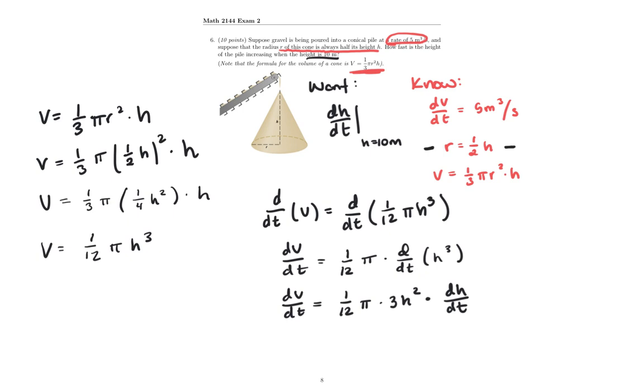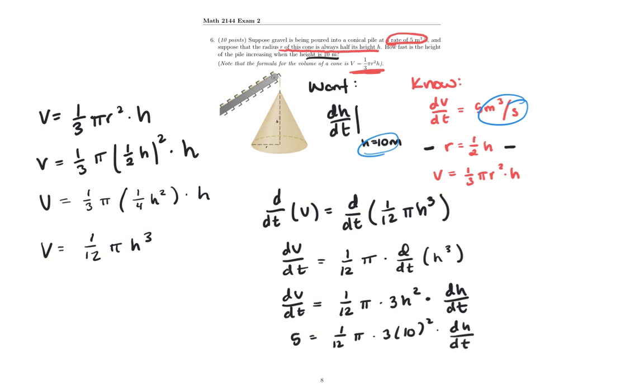Okay, so now I want to plug in everything I know. I want the height to be 10 meters, and I know that dV/dt, my volume is changing with respect to time at 5 meters cubed per second. So let's plug in everything that we know. So 5 is equal to 1/12 pi times 3 times 10 squared, and I need to solve for dh/dt.